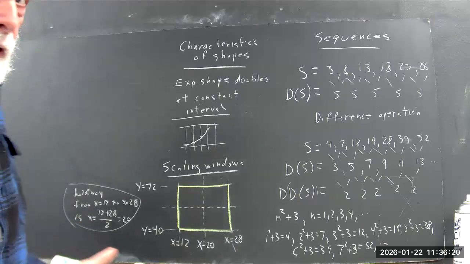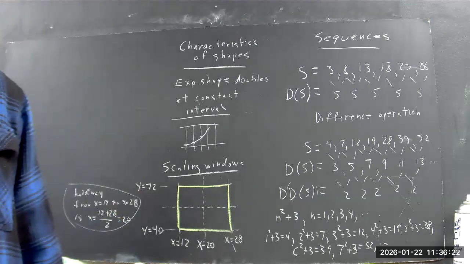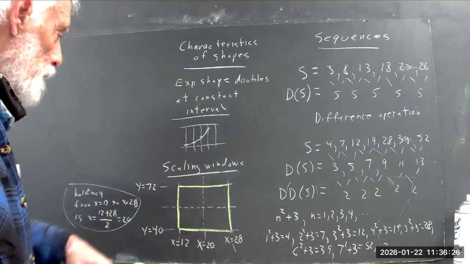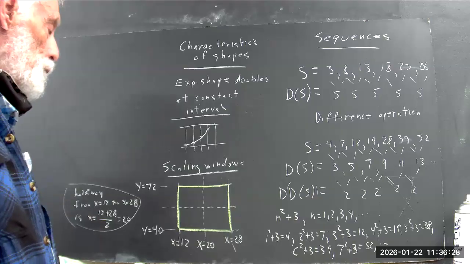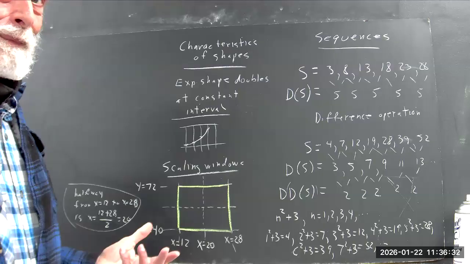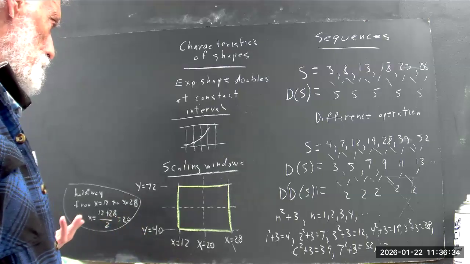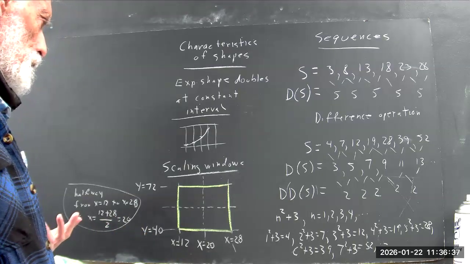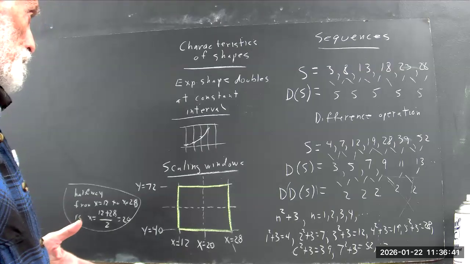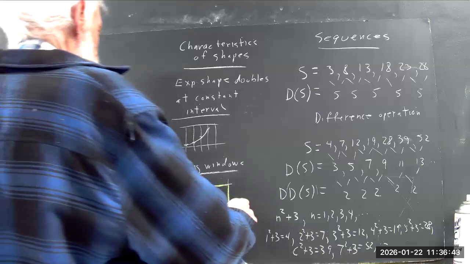So you can always calculate halfway, even if the numbers are weird. Okay, if you do the same thing here, halfway from 40 to 72, that's 112. When you add them, divide by 2, you get 56.